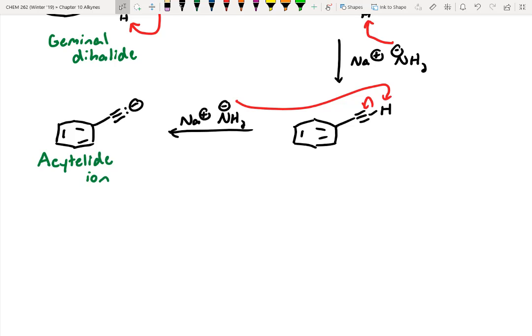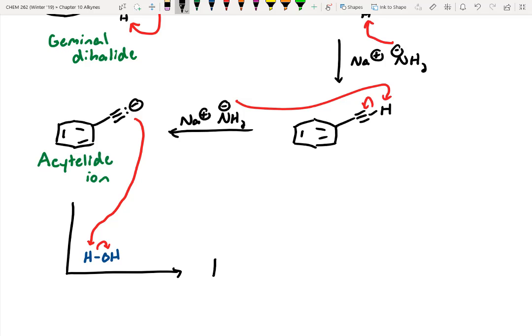So in our last step, oftentimes what we'll do is just treat this with some sort of weak acid. So for example, you could use water as a source of weak acid, and in this final step, you can reprotonate to get your terminal alkyne, meaning return that proton to that original position.